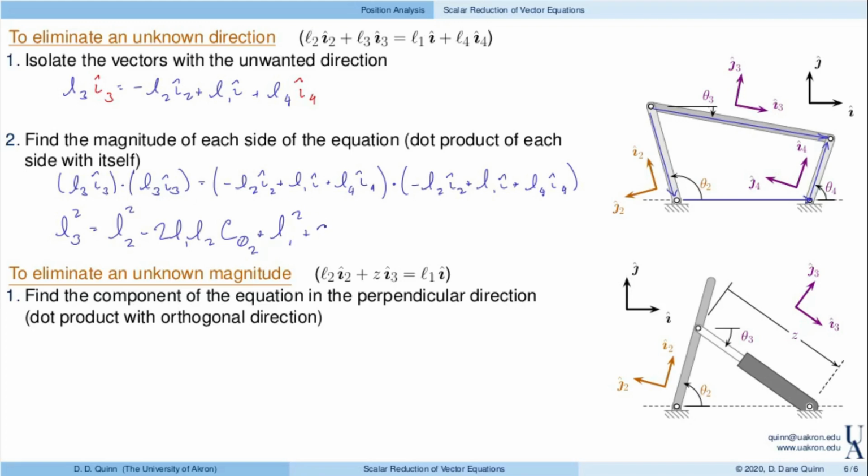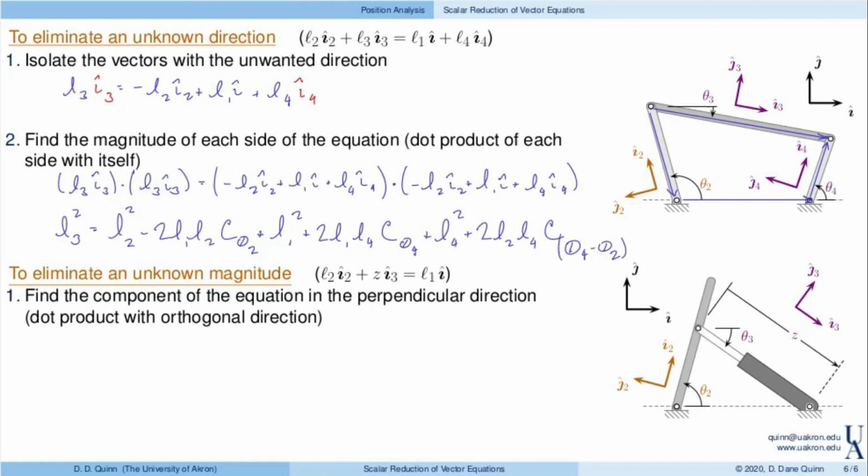I get 2 L1 L4 cosine of theta 4. I have an L4 squared. And then I have 2 L2 L4. Turns out this is cosine of theta 4 minus theta 2.